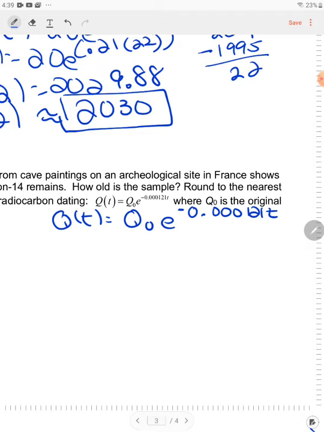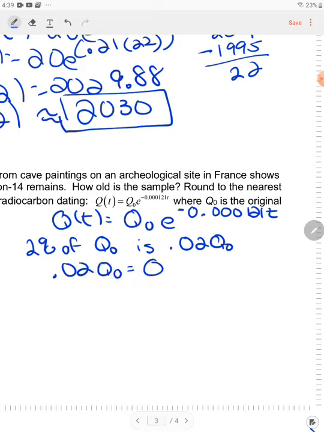Now it says 2% is left. So that's 2% of Q naught. Okay, 2% of Q naught means 0.02 times Q naught. So you have 0.02 Q naught is equal to Q naught e to the negative 0.000121t.